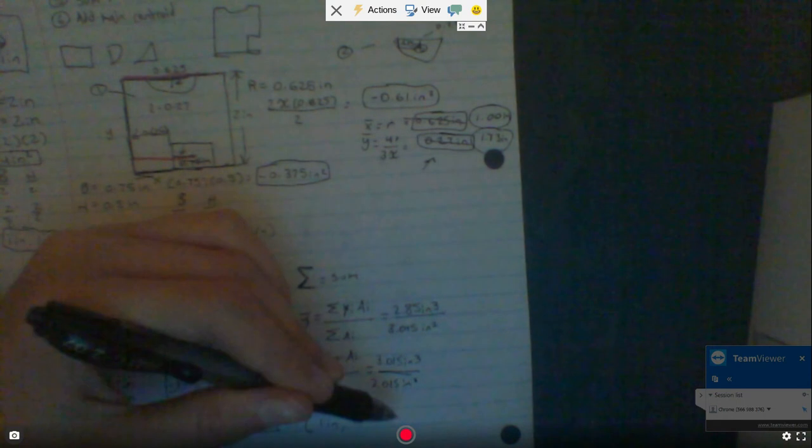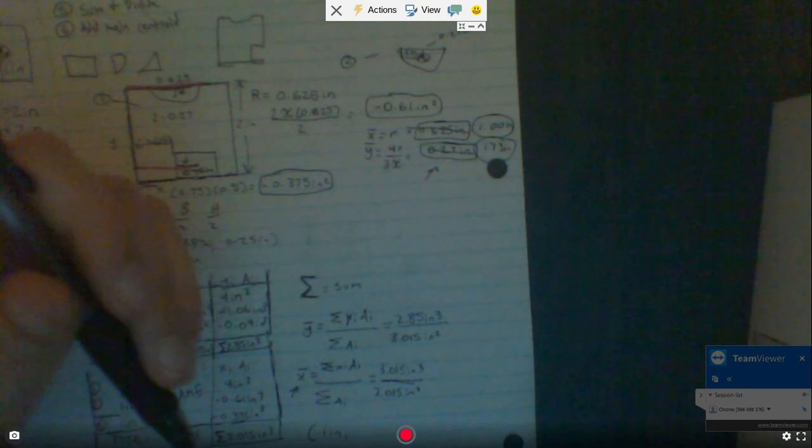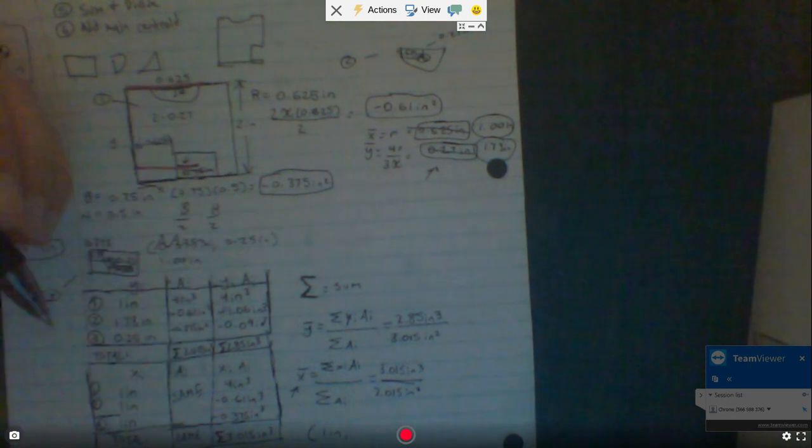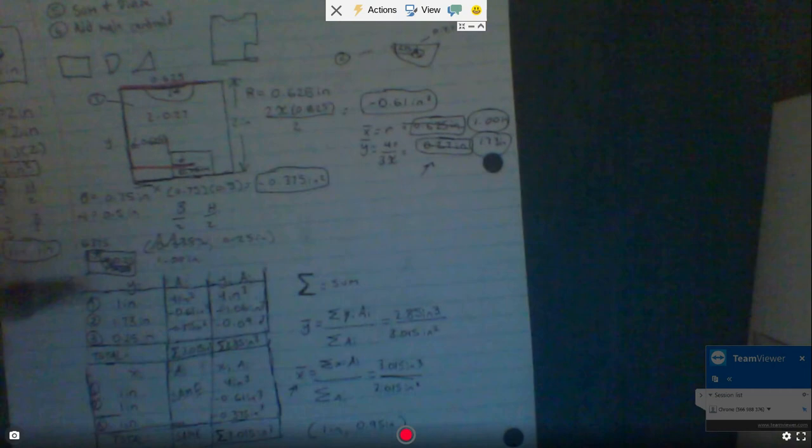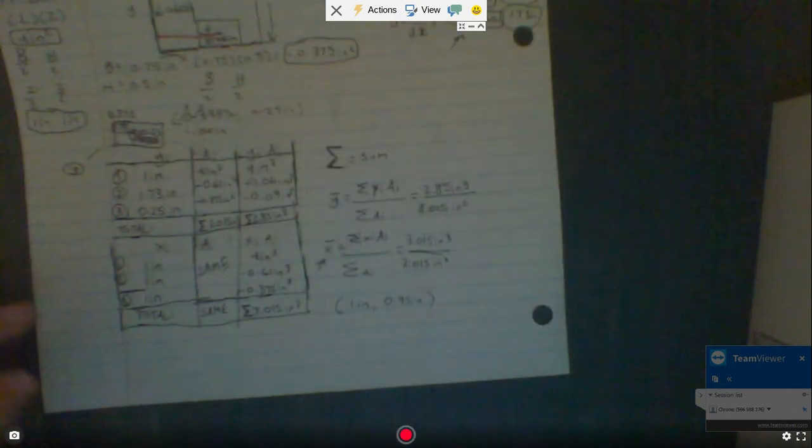Now, because that's cubed divided by squared, that makes it just to the first power, so you don't have to write anything there. And then for the y, you get 0.95 approximately inches. So there you go. We have the coordinates. All that work, and we finally got the coordinates.